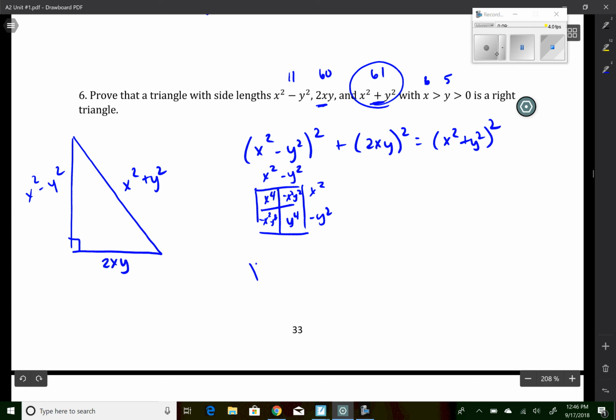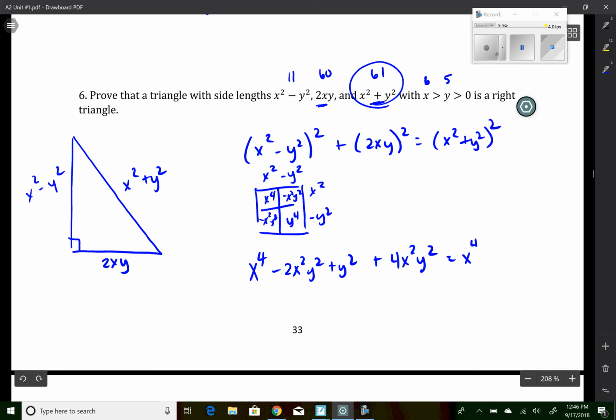So this term is going to come out to be x to the fourth minus 2x squared y squared plus y to the fourth, plus 4x squared y squared. And if we use this first one as an example for this second one, I don't really need to make boxes for this. I know it's just going to become a plus instead of a minus 2.